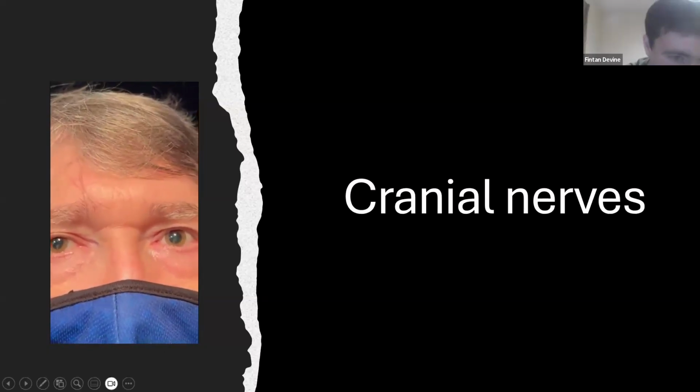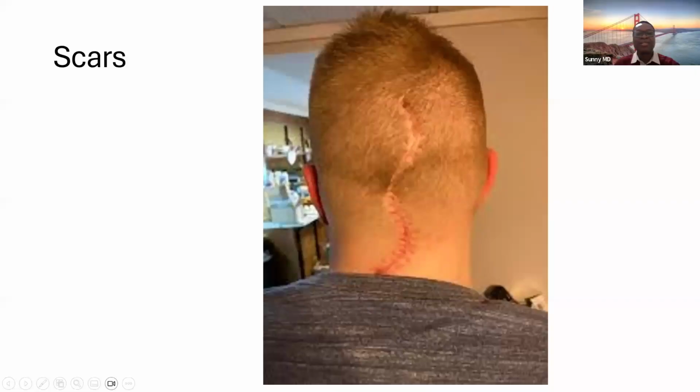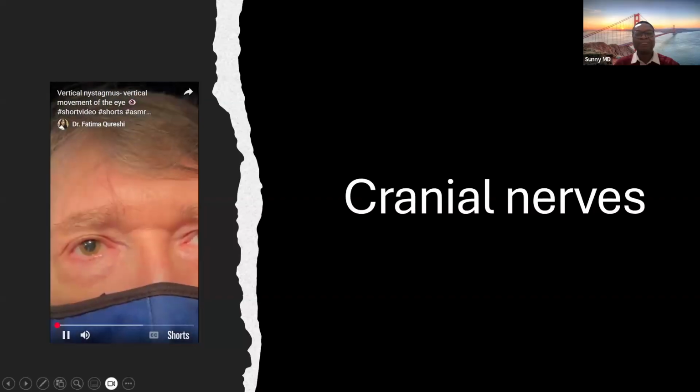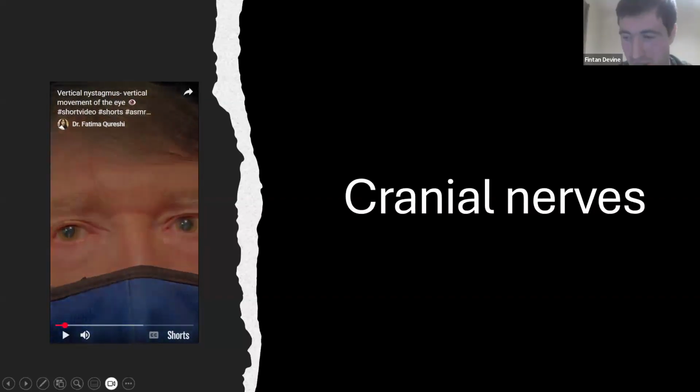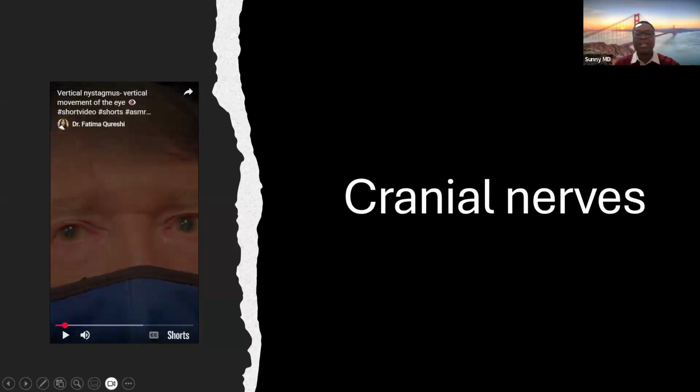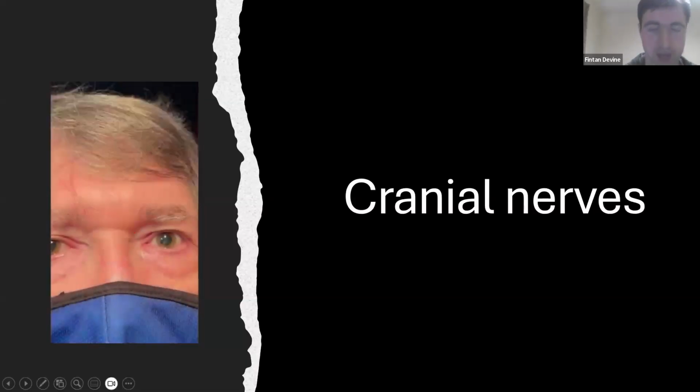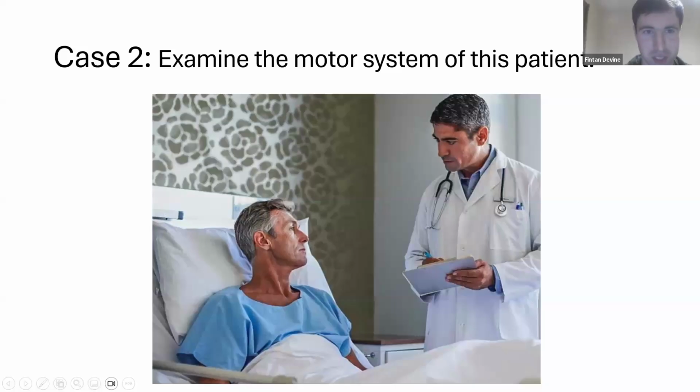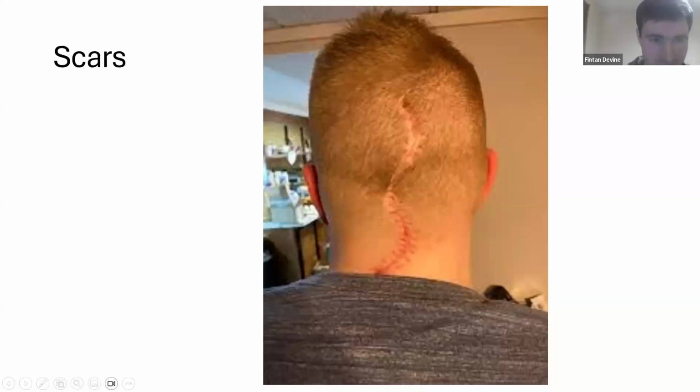Next I would do a finger nose test on the upper limb. Finger nose is impaired as well, like the lower limb. Then I would have a look and see is there any scars around the back of the neck or the head. That's what you've got.